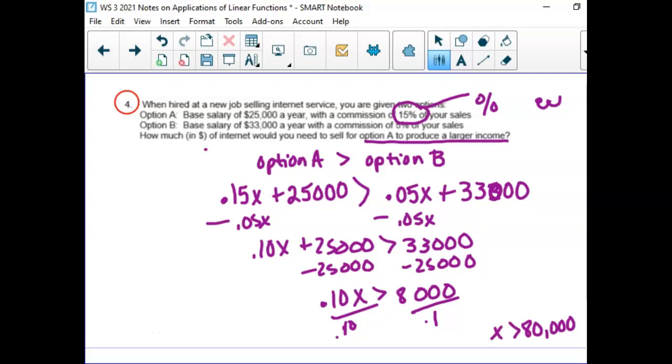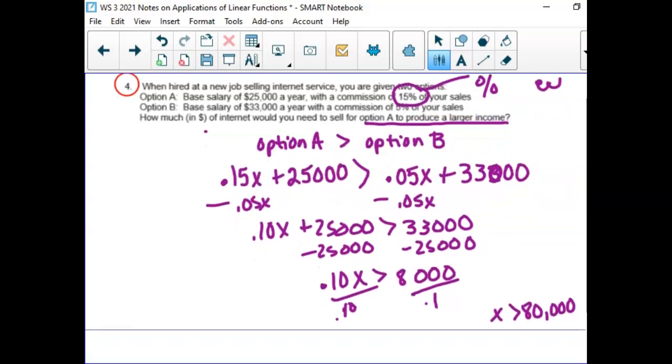Did I move? It's just once, right? Did I do something wrong? 80,000? Okay, that's what I got. So you'd have to sell over $80,000 in internet service a year in order for that option to be a better deal.